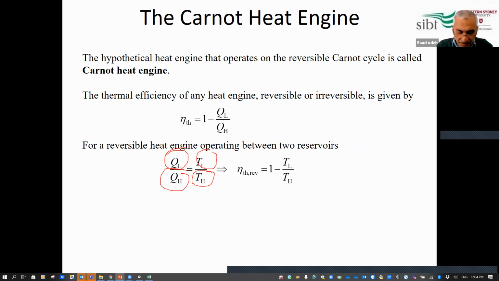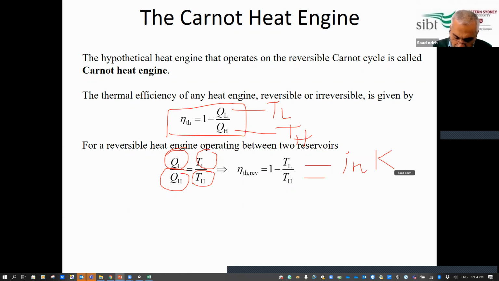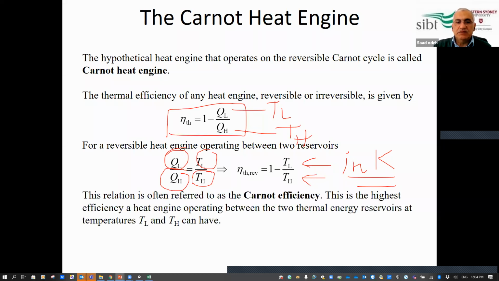Therefore, I can simplify the thermal efficiency and substitute TL here and TH on this side. And remember, T is in Kelvin. Just remember this, because if you put Celsius, of course, it will give you a wrong answer. So make sure that you are using Kelvin units here. All right, so this is the efficiency of the Carnot cycle. You use the temperature, and this will give you the ideal efficiency. All right?